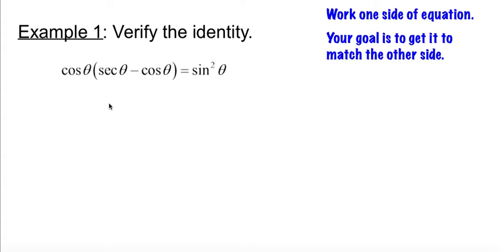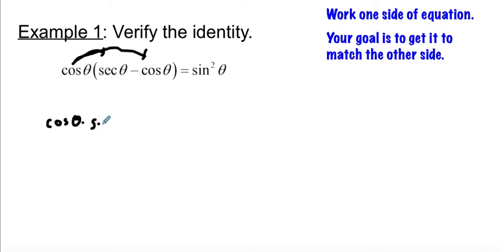So since this term over here is just a single term, I might go right away and use my distributive property and distribute the cosine through. So I might do that first. If I distribute it through, I'm going to get cosine theta times secant theta.